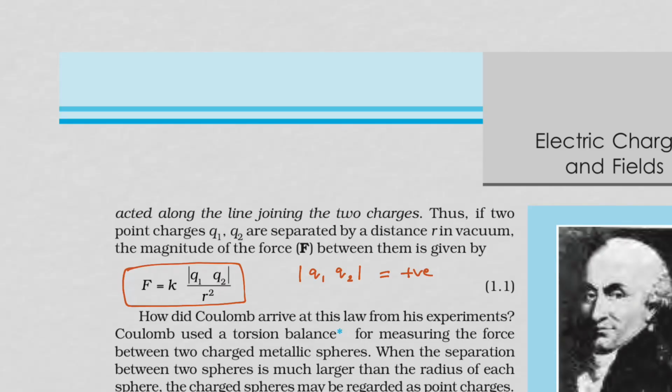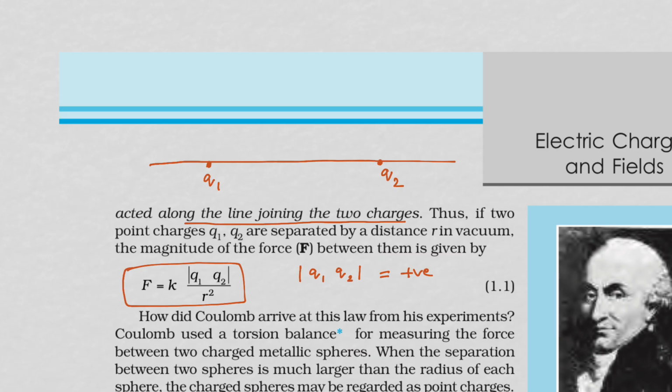The resultant direction of this force is always along the line joining the two charges. Let's say there are two charges, one is Q1 and the other one is Q2. Then the line joining these two point charges will define the direction of the force.